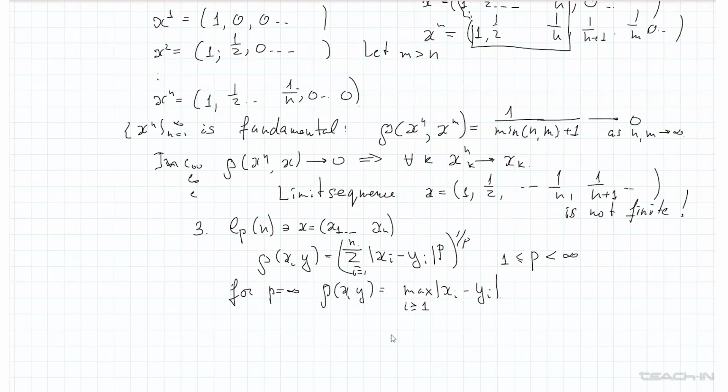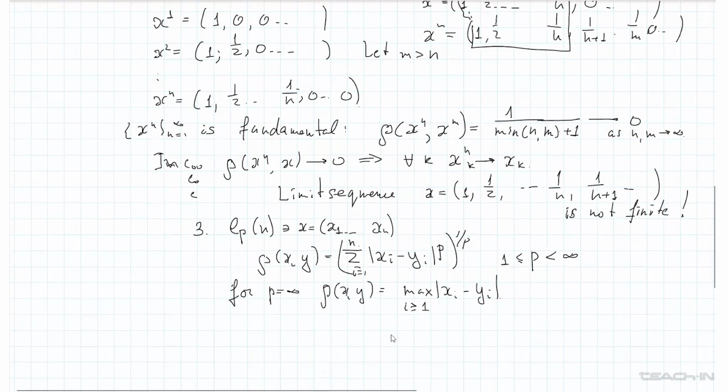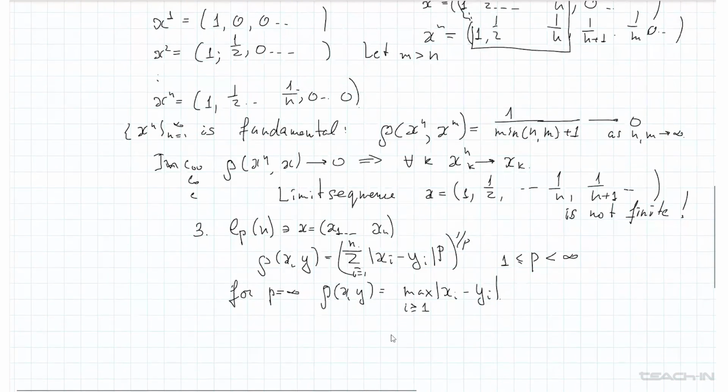Is it evident that all axioms of a metric are valid for this formula? That is a real metric. Is it clear or not? It is of course symmetric. It is of course non-negative. Zero we can obtain only when x equals y, and the triangle inequality for these spaces is just the Minkowski inequality.